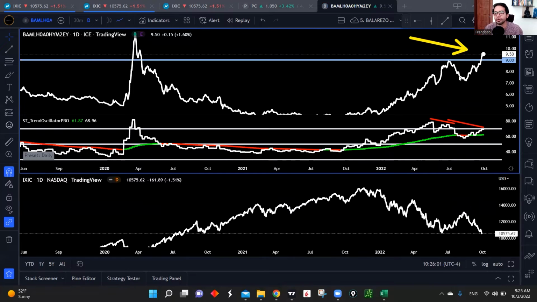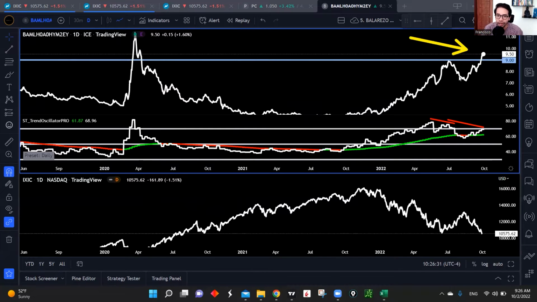There is this famous saying, don't fight the Fed, and it's actually pretty true, because when you look at this chart and go all the way back through the previous history of the market, you can see that the market really goes up when the Fed is lowering interest rates. That means that we're seeing more money into the market. They're lowering interest rates, and that means that equities become attractive to investors. And we are not in that cycle right now.